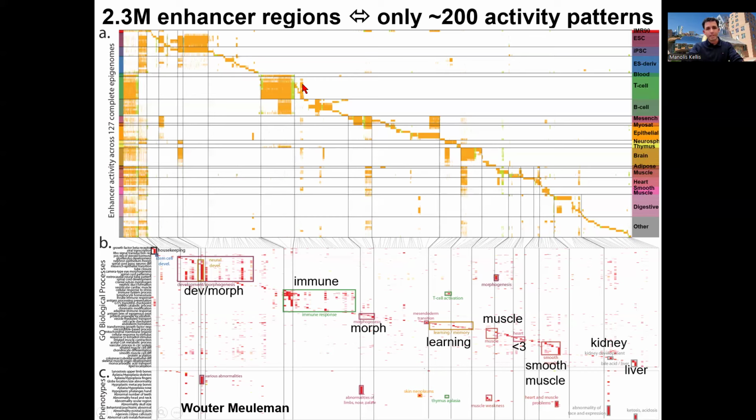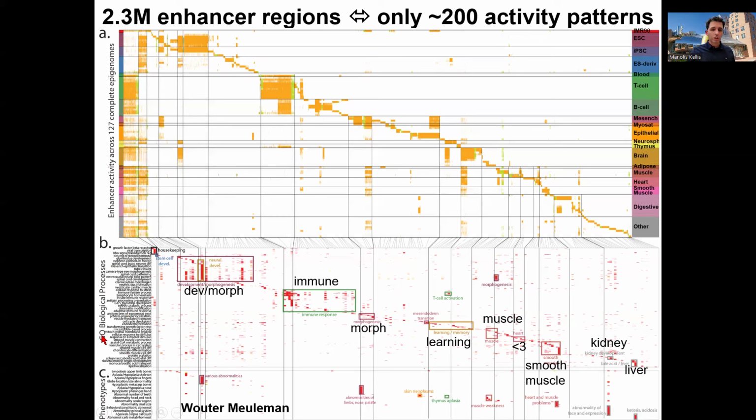And what's really cool is that if you take all of these enhancers which are in the same module, they're scattered across the genome, so I can take all of the genes nearby that I've now brought together by clustering, and ask: are these genes showing common gene functions?